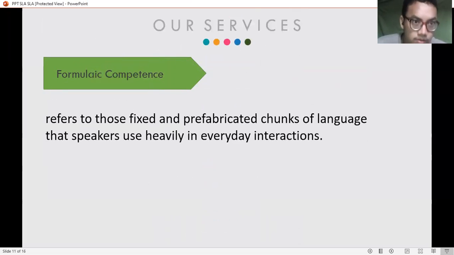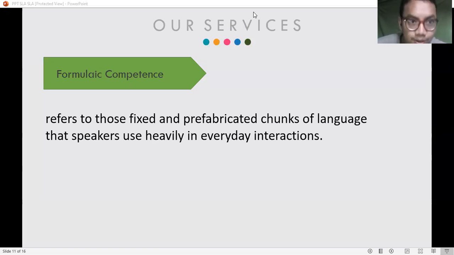And the fourth one is formulaic competence. The formulaic competence refers to repeated chunks of language that speakers use heavily in everyday interaction. For example, we have routines, big phrases like of course, all of a sudden, and formulaic chunks like how do you do? I'm fine, thanks.